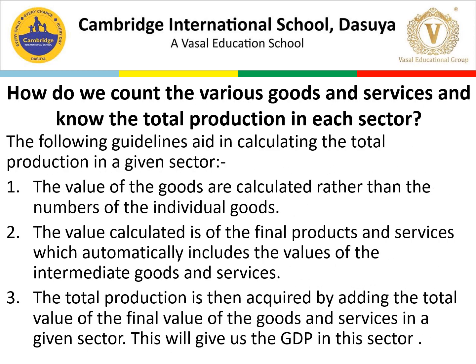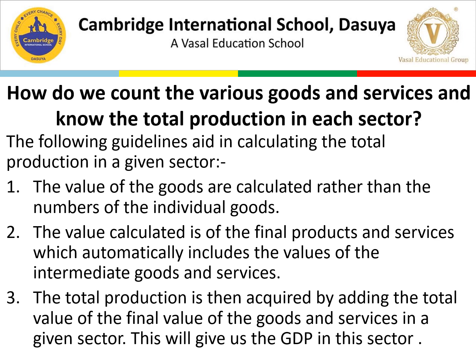So let's start with the next thing, that is how we count the various goods and services and know the total production in each sector. What is the method of using the values of various goods and services produced in an economy?